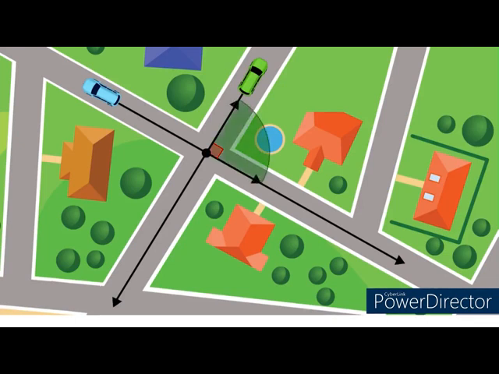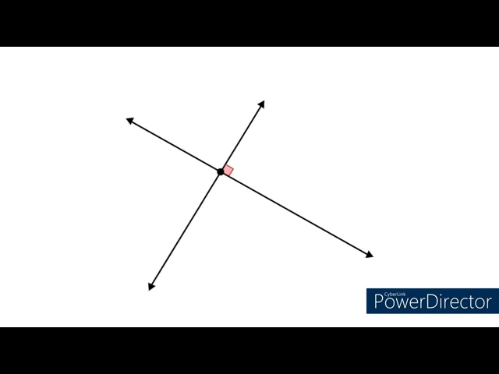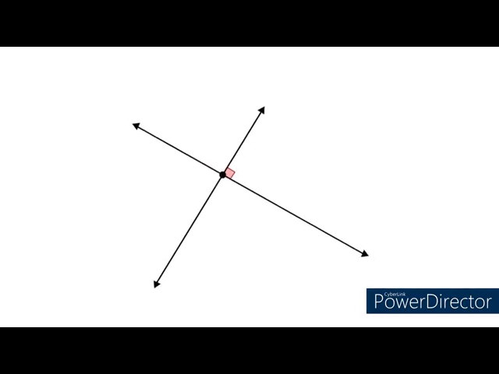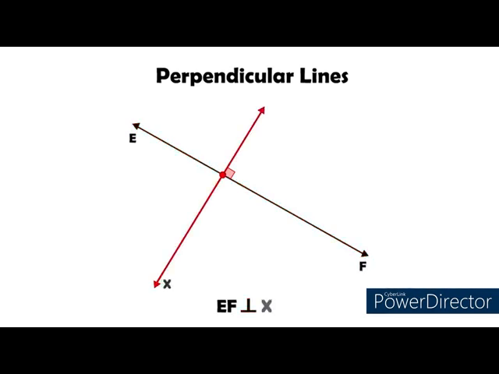When two lines intersect each other forming a 90-degree angle, they are called perpendicular lines. We represent them, let us call the lines EF and XY, as EF perpendicular to XY. This is how we represent them.